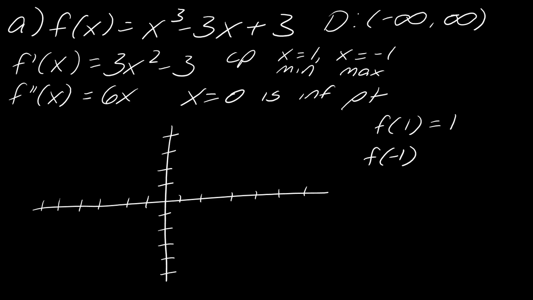F of -1, so if I plug this back into the original function, this will equal 5. F of 0 will be equal to 3. So these are a couple of points that I can pretty easily plot. So let's see, I've got 1, 1. I've got -1, 1, 2, 3, 4. Oops, I need a little more space. 5. So here's that maximum point.